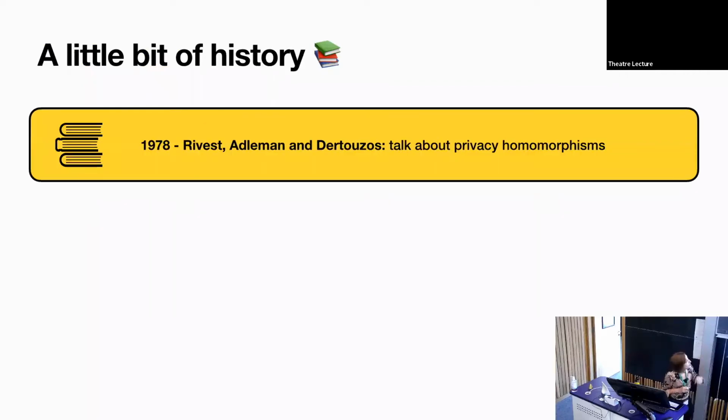The first time the idea came out was in 1978, when three scientists, Rivest, Adleman, and Dertouzos (Rivest and Adleman, you might know them from RSA) published a paper where they talk about privacy homomorphisms. And those privacy homomorphisms are sort of the idea of what we call fully homomorphic encryption right now. So it's pretty old as an idea. I mean, not pretty old, but it's starting to date a little bit.